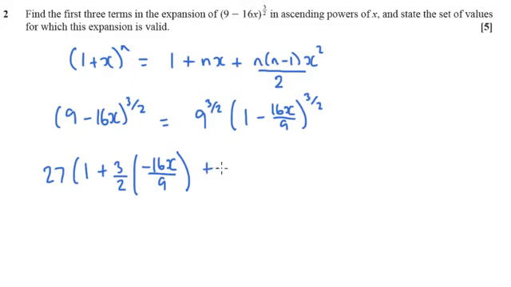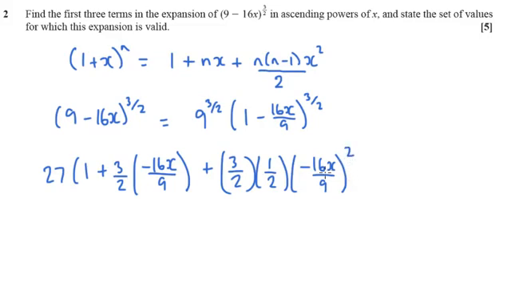And then for the next term, it's going to be 3 over 2 times 1 less than 3 over 2, so that's just a half if we take 1 off. Our minus 16x over 9 squared, and dividing this by 2 as well.